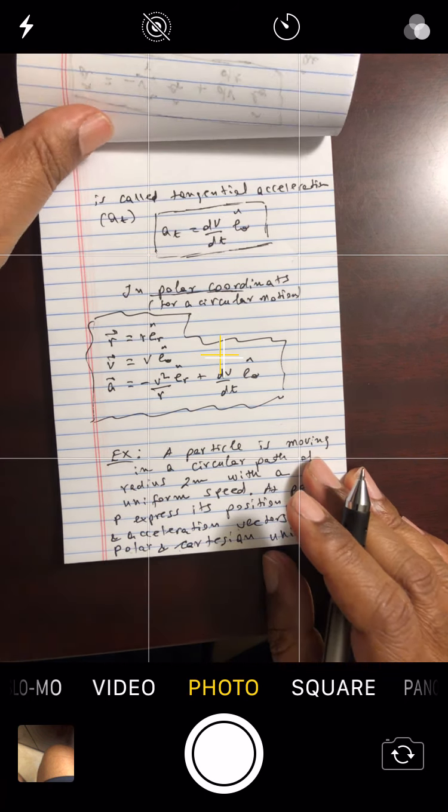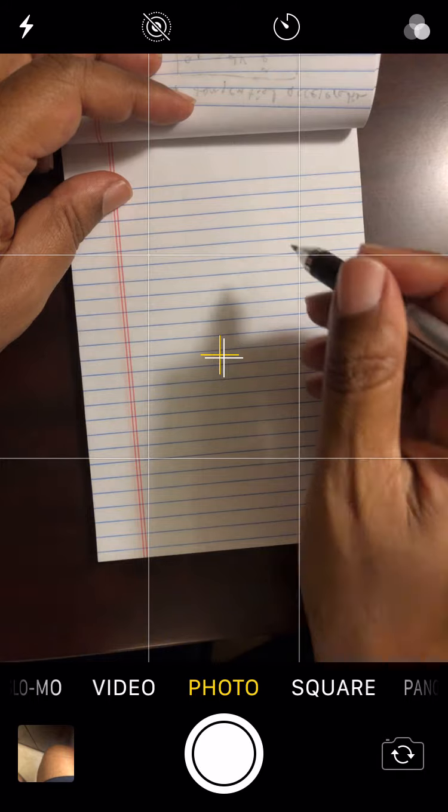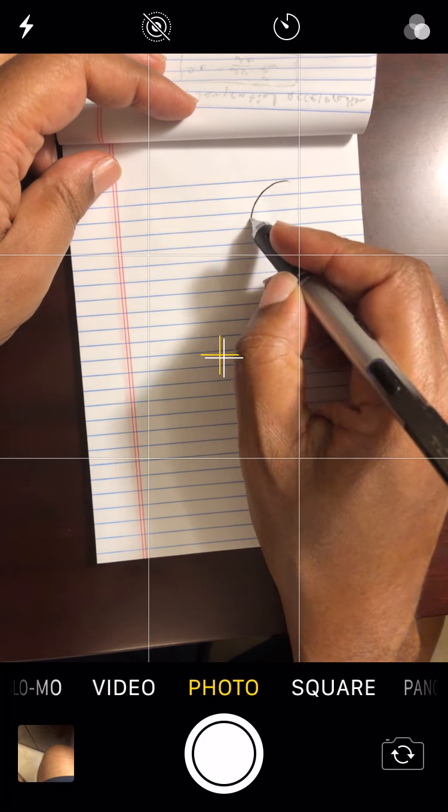So let's identify point P. Let's say this is our circle.